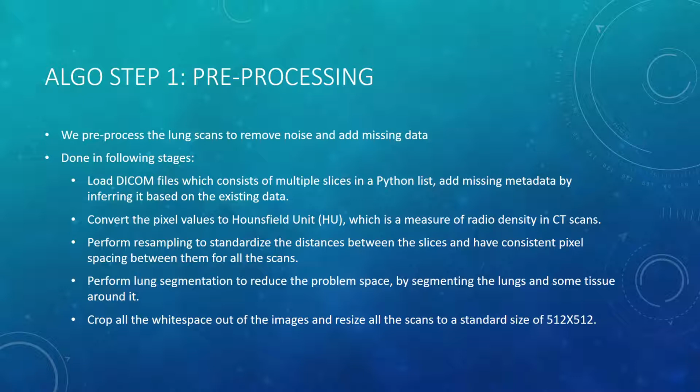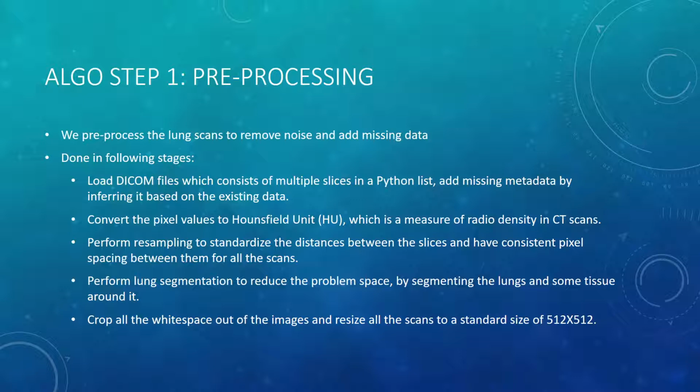Then there is a unit of measure called the Hounsfield unit, which basically measures the radio density of each CT scan. So we convert all the raw pixel values to this unit called the Hounsfield unit.